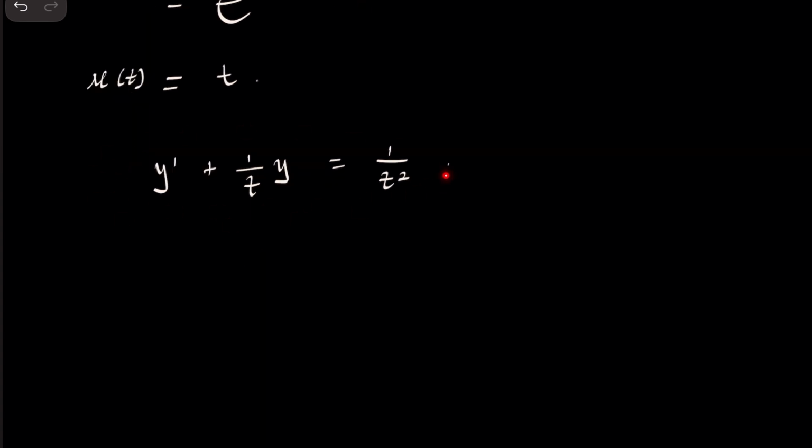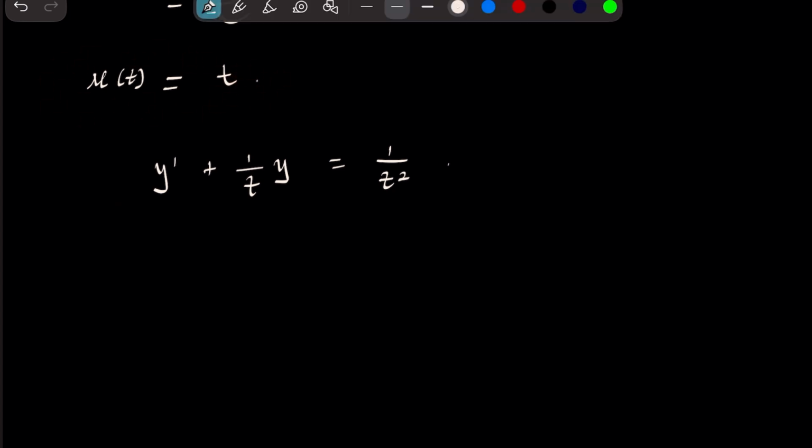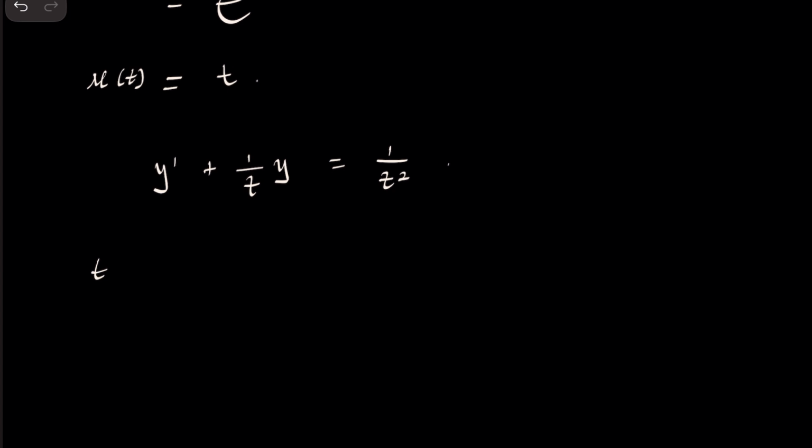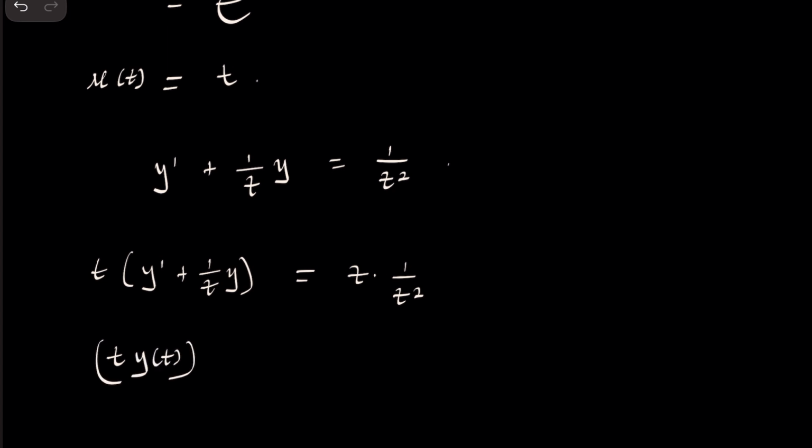Our next step is to multiply through the differential equation by our integrating factor t, and so we are going to have t multiplying y prime plus 1 on t y is equal to t times 1 on t squared. The left hand side will always be equal to the integrating factor, which is t in this case, times our function y of t, all differentiated with respect to t.